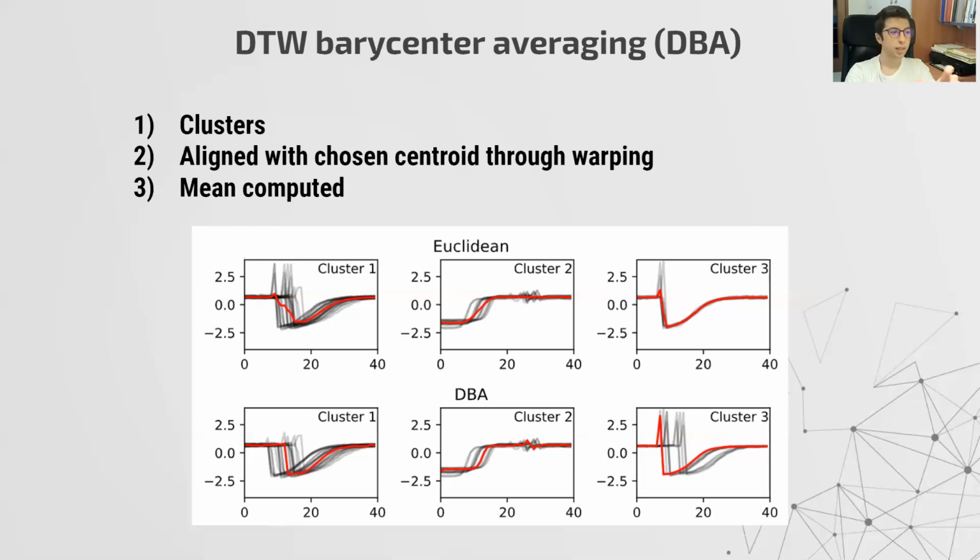So this is the main difference between the simple Euclidean mean and this barycenter averaging.